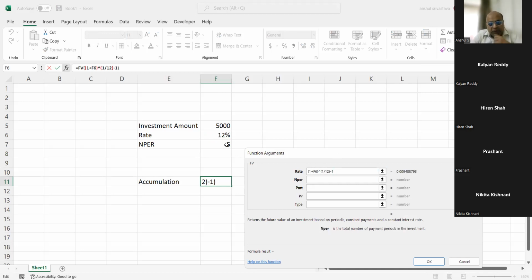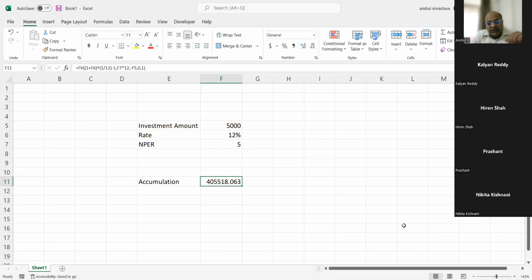Number of periods would be 5 into 12. PMT, every month investment, will be 5,000 rupees. Present value is 0 and type is 1. So in 5 years, 5,000 rupees monthly investment will compound to how much?